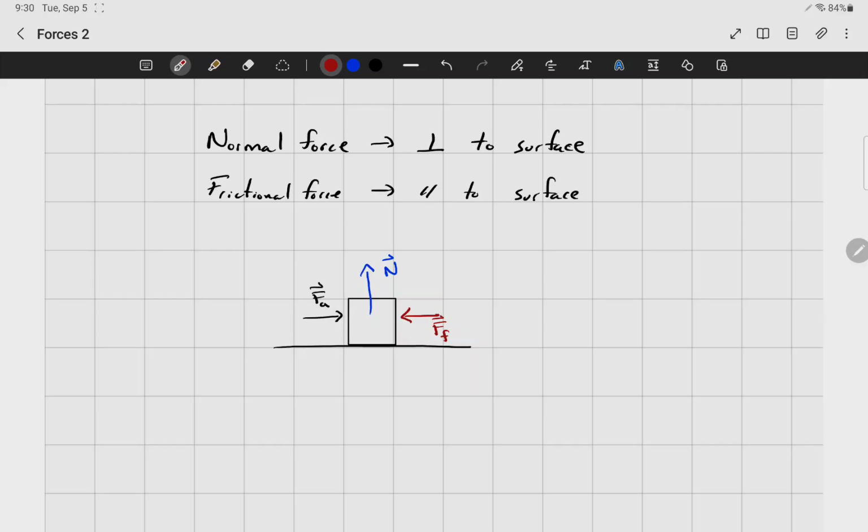The frictional force is the part of the force that's parallel to the surface, and the normal force is perpendicular to the surface.